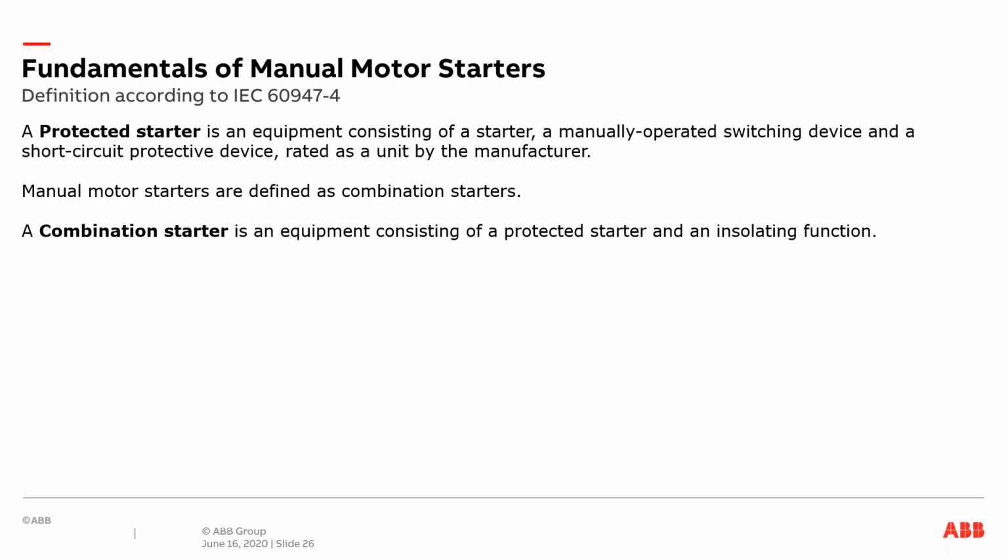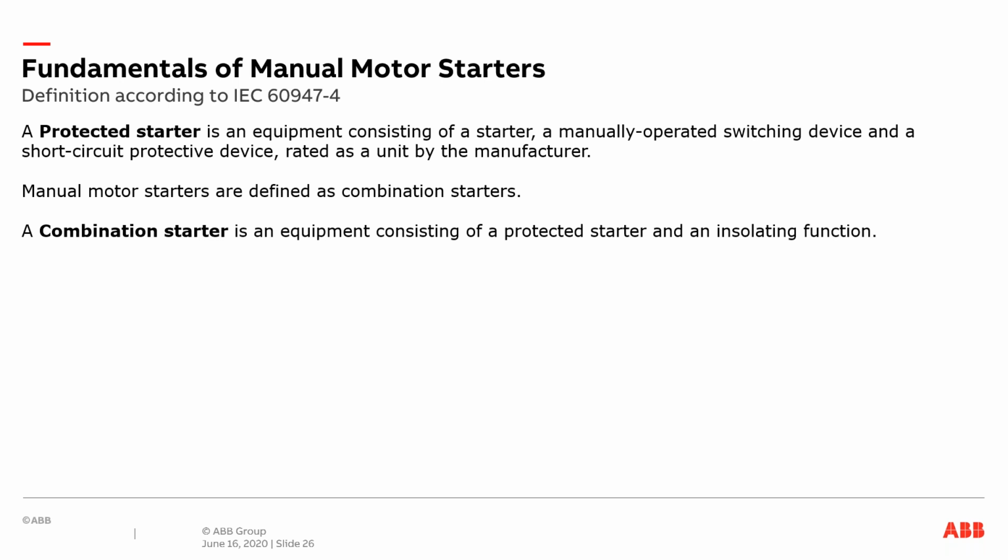So I will go through some definitions of a manual motor starter, as per IEC 60947-4. A protected starter is an equipment consisting of a starter, a manually operated switching device, and a short circuit protective device rated as a unit by the manufacturer. And the manual motor starters are defined as combination starters.